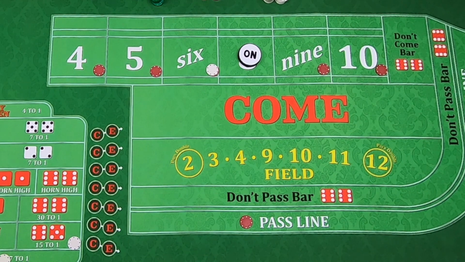When you make a pass line or come bet, the following roll, as long as it's not a come out roll, you can add an additional odds bet to those initial bets. They'll win and lose the same way as the main bet, but your odds will get paid more, closer to the true odds, when they win. The maximum amount that you can place down for your odds bet is determined by what number the point is.